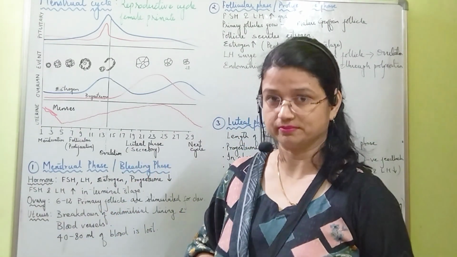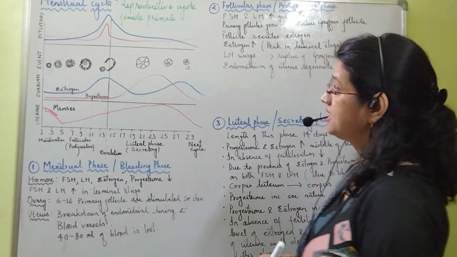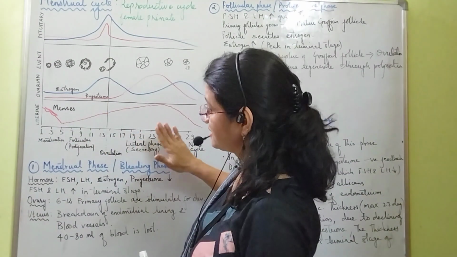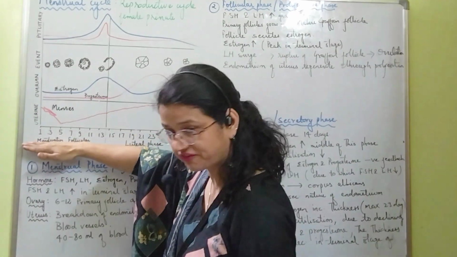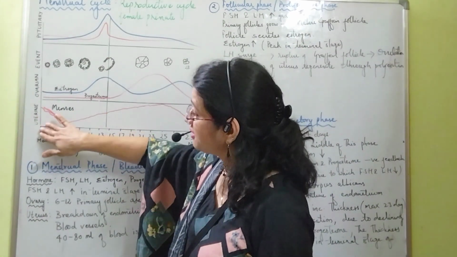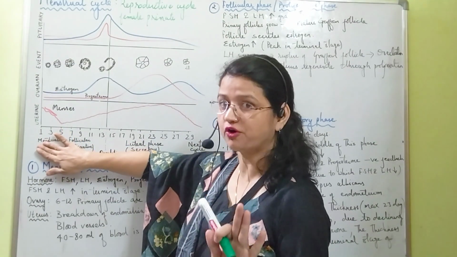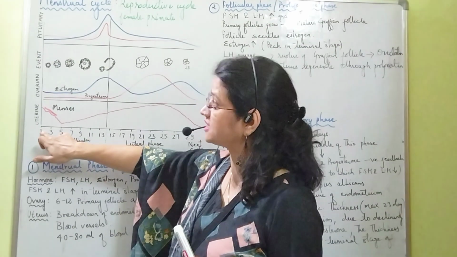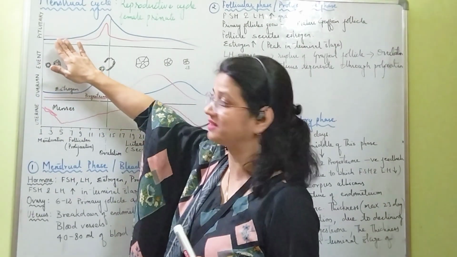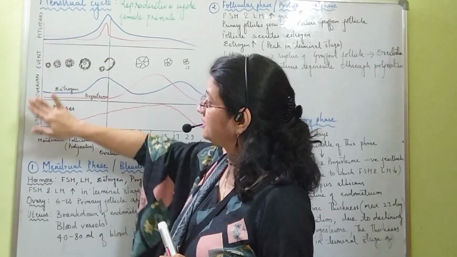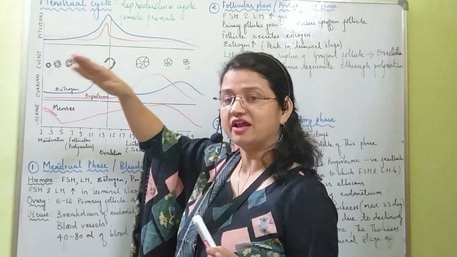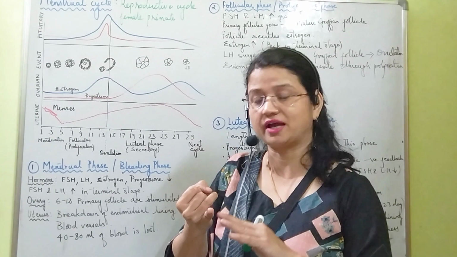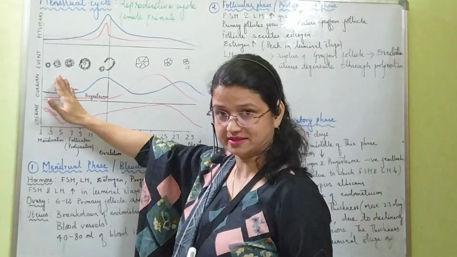So here we can see that first we have divided the cycle into different phases. The first phase is the menstrual phase. It lasts for 5 days, so we will take it as 5 days. On the very first day, the level of all the hormones, whether pituitary or ovarian, FSH, LH, progesterone and estrogen, is low.